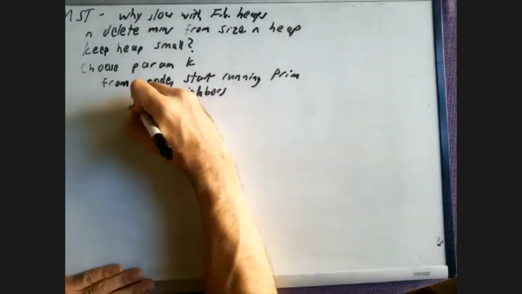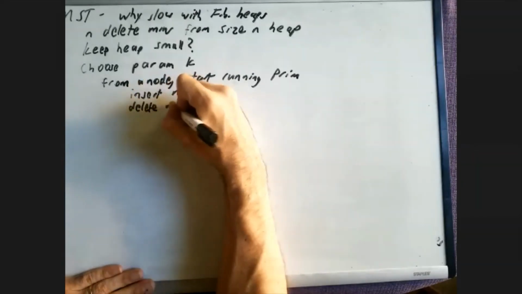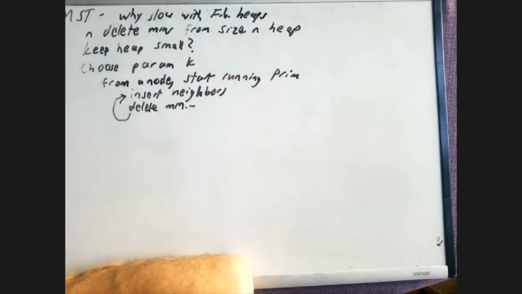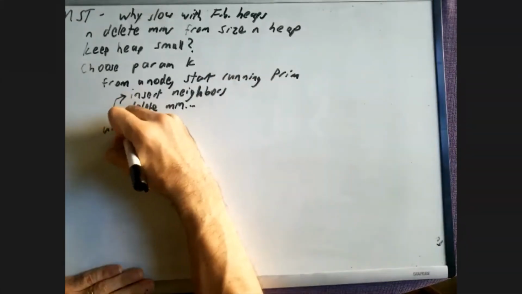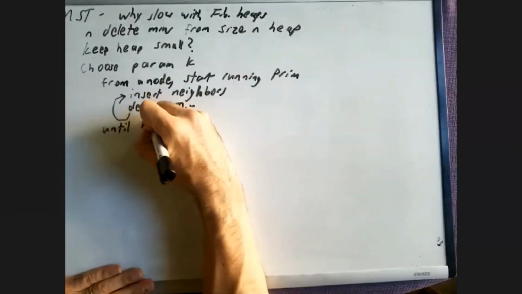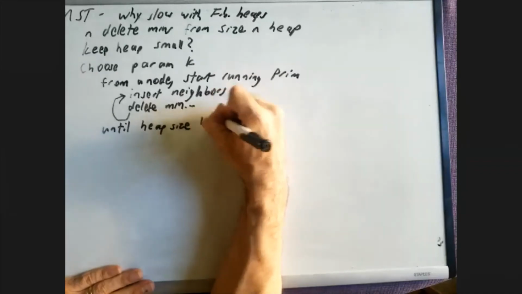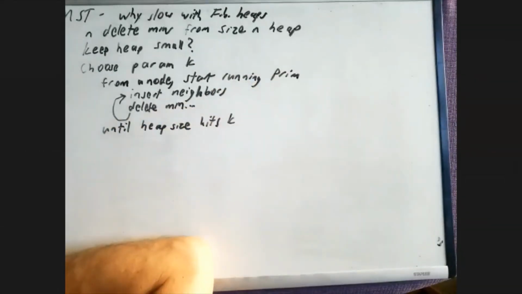We're going to do a delete min to find the next node. That's going to cause us to insert its neighbors and do some decrease keys and so forth, right? And we're going to keep doing this until the heap size hits k. At that point, the heap is too big and doing delete mins from it is too slow.